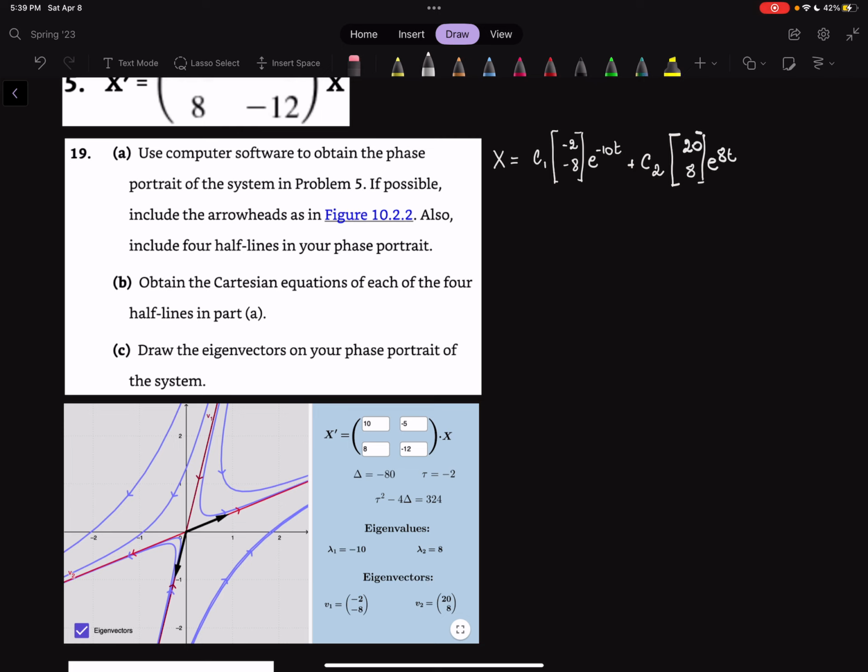Okay, so now I can rewrite this in algebraic form.